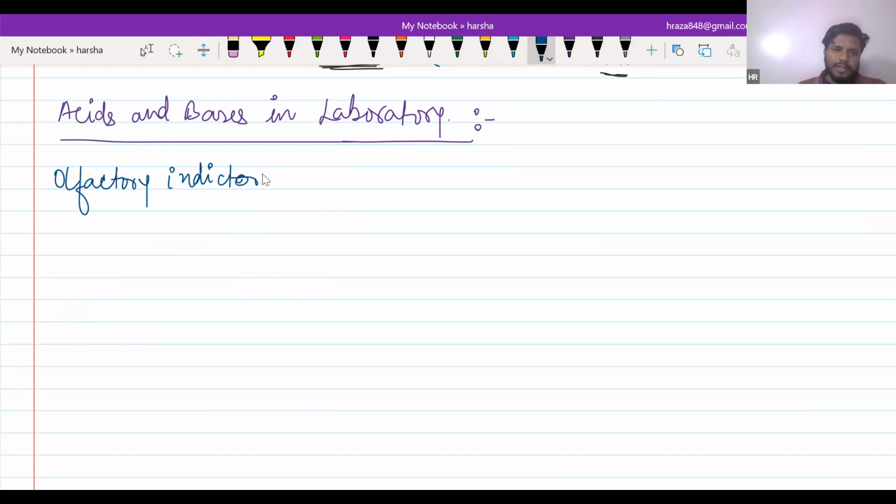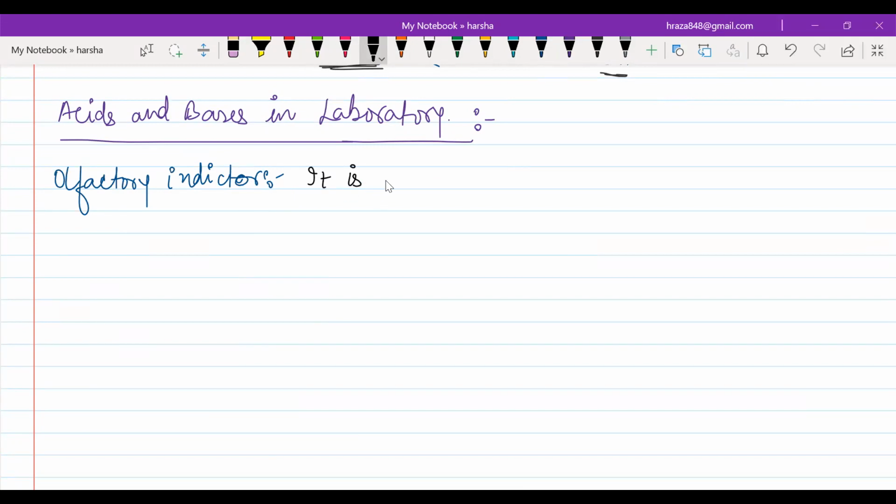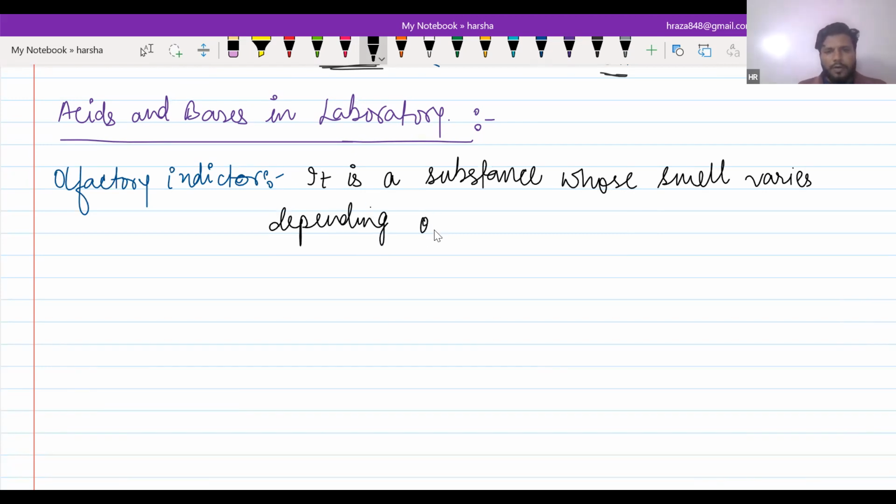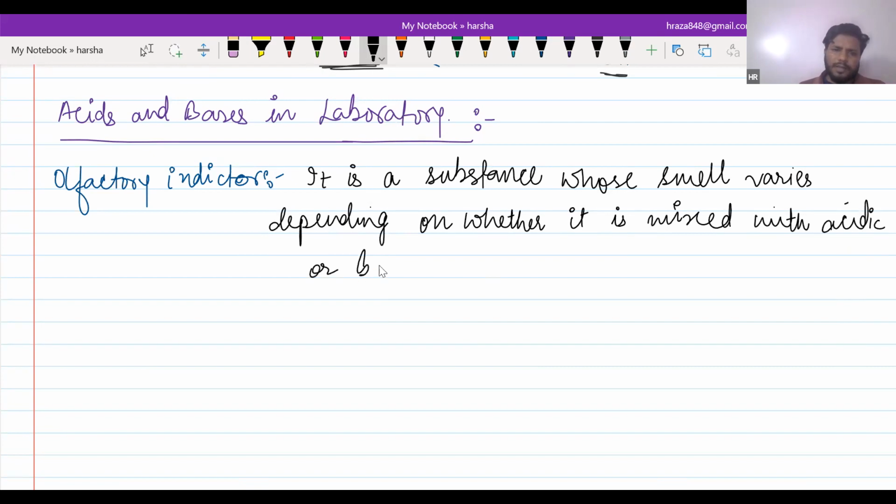Now I am going to define what is an olfactory indicator. Basically, an olfactory indicator is a substance whose smell varies depending on whether it is mixed with an acidic or basic solution.